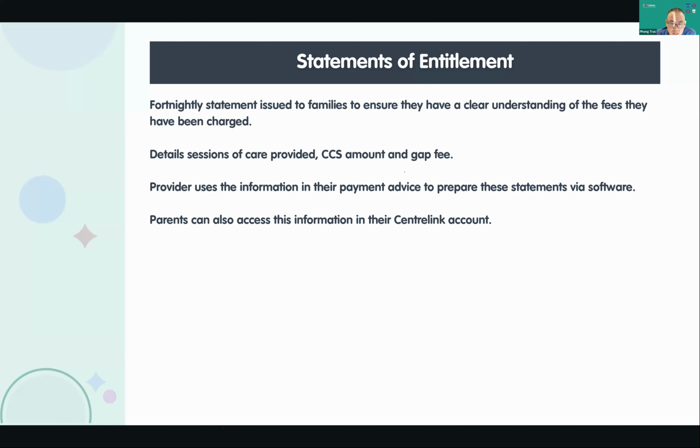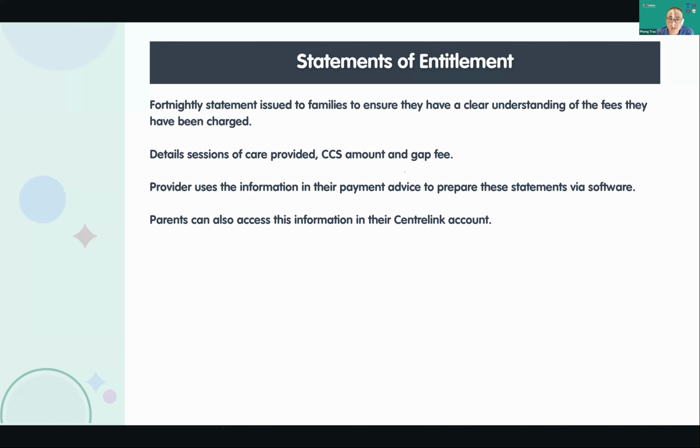Now, in addition to the fortnightly statements, parents or eligible individuals will receive access to information through their Centrelink online account and receive periodic notifications. So there's two places that parents can get this information. Through your software provider, you can issue statements of entitlements, and that's one way to see what you've been paid.